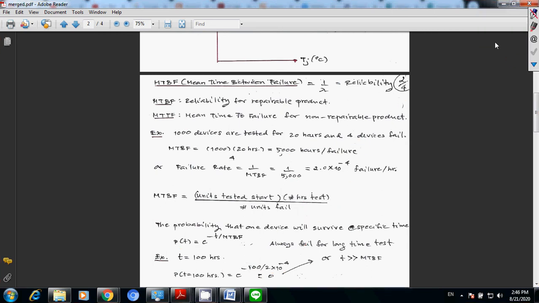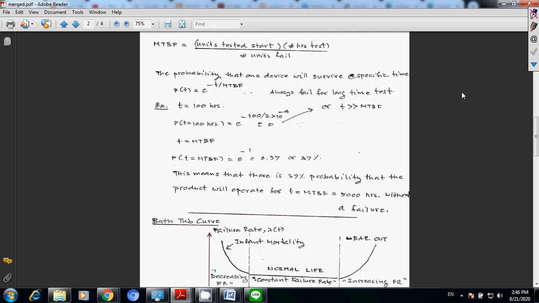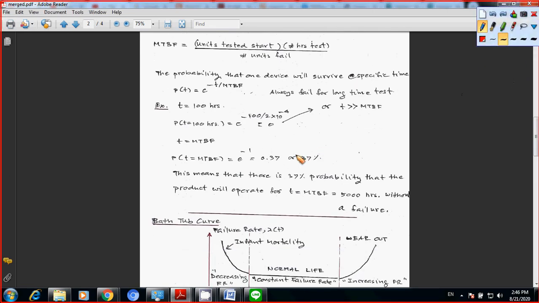Then from the equation, this gives you a probability of survival of exponential negative 1, right? Because your t is equal to MTBF, your operating time, and that gives you 0.37 or 37%. So this means that there is a 37% probability that the product will operate for t equal to MTBF, or 5,000 hours, without a failure.